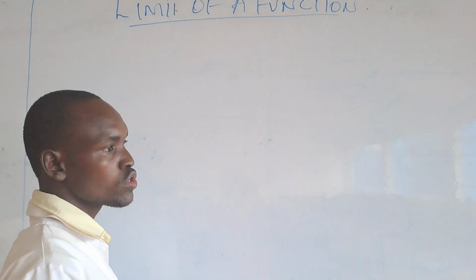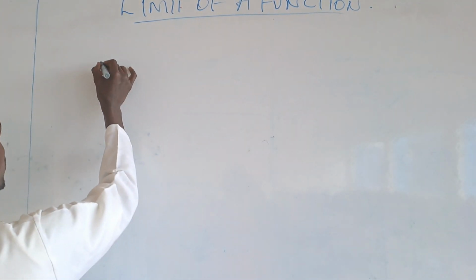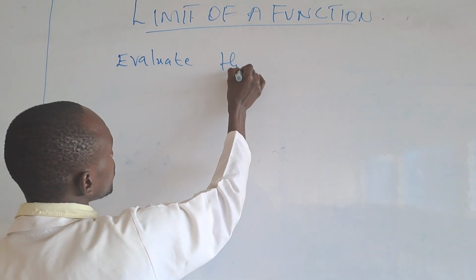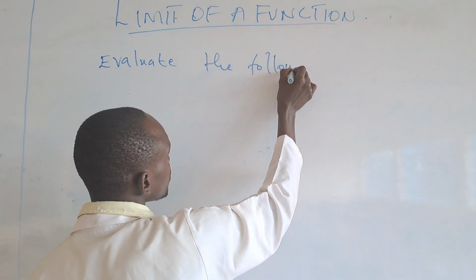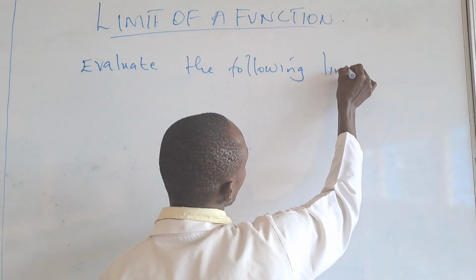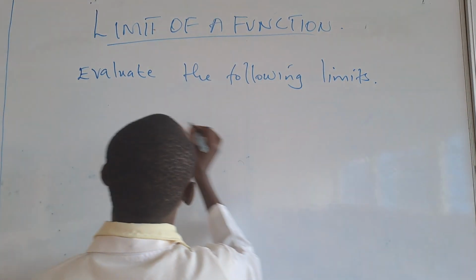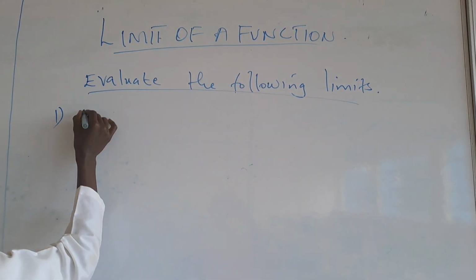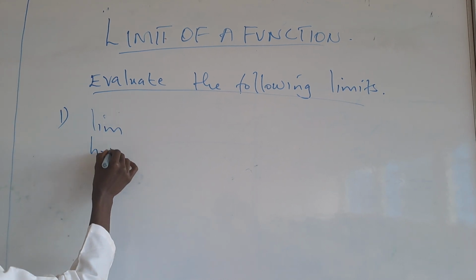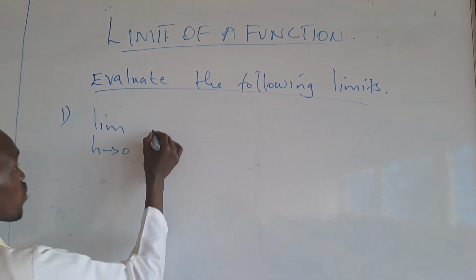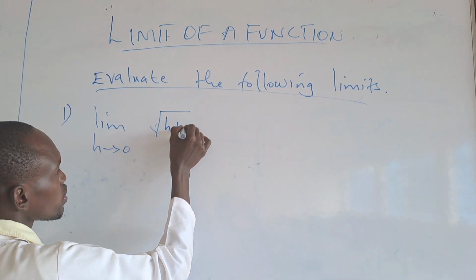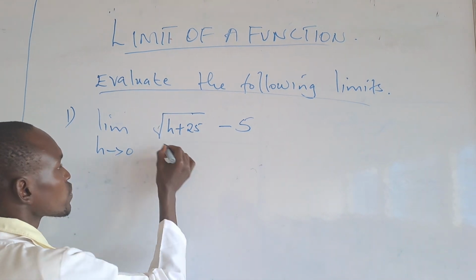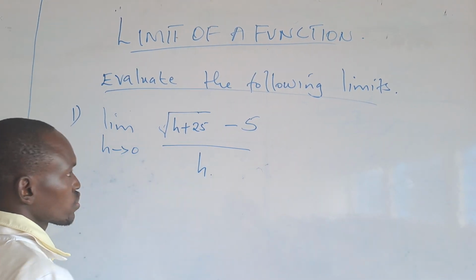Now, our first question, you might be asked to evaluate the following limits. So our first limit will be limit as h tends to 0 of square root of h plus 25 minus 5 over h.